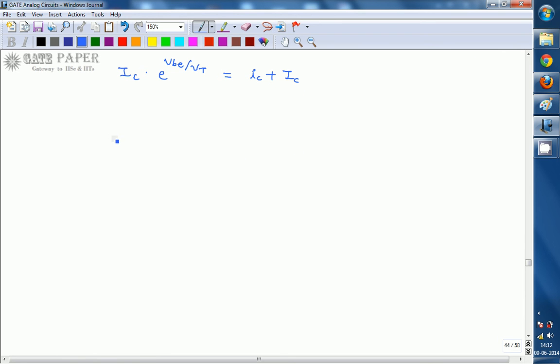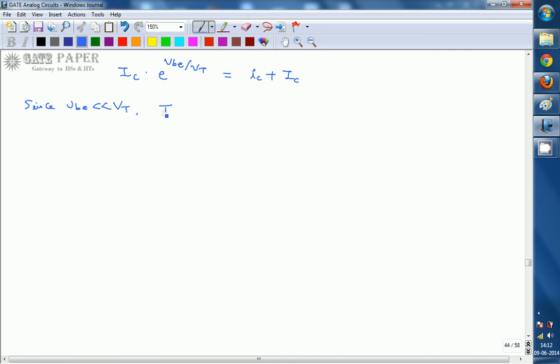Here small vbe, the change in AC voltage, is very small compared to capital VT, the thermal voltage.